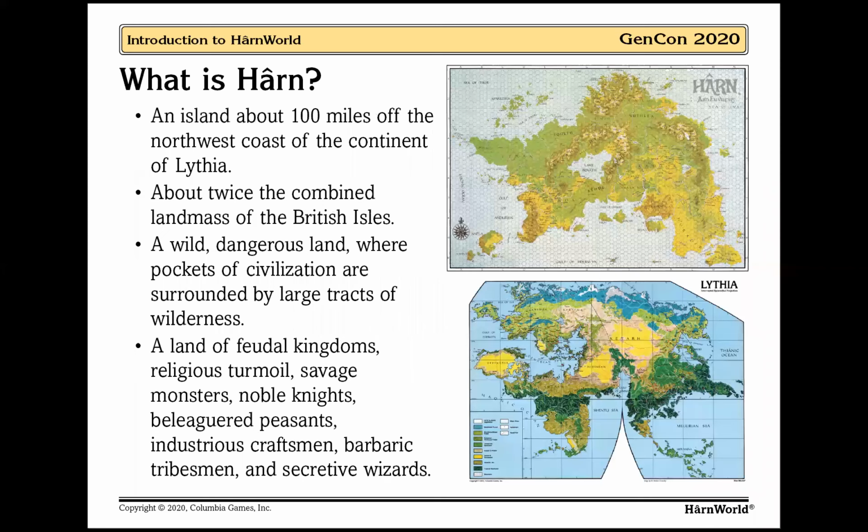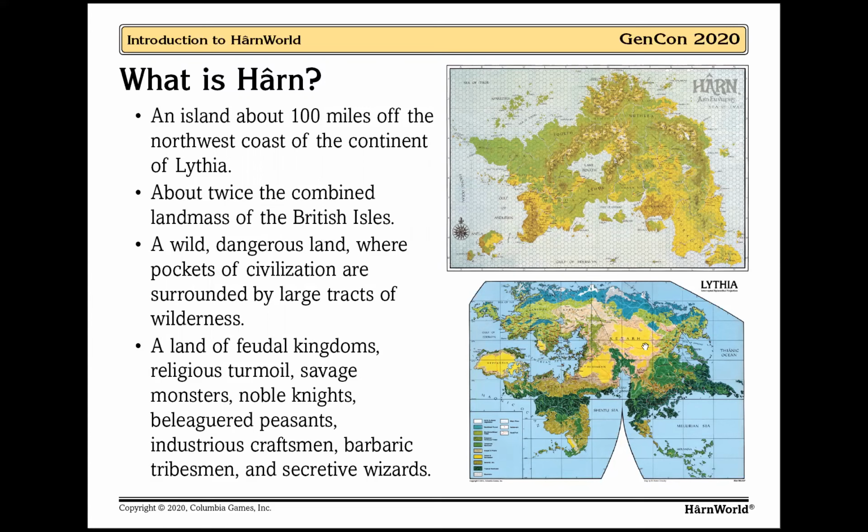So what is Harn? Harn's an island about 100 miles off the northwest coast of a continent. In this lower map, I'm showing the continent of Lithia. If you squint your eyes a bit, you can figure that it's vaguely in this area something like Europe, and here's something like the Mediterranean and something like Africa and the Middle East and the East.